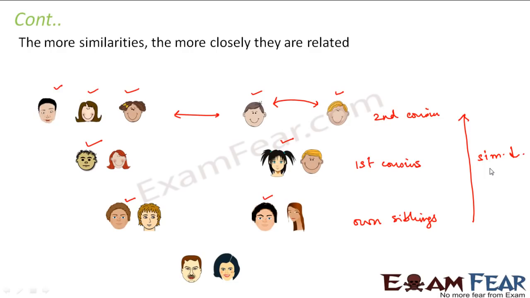Okay. So in a very similar fashion, when I talk about the taxonomic categories, as we go up, organisms which belong to the same species have a lot of similarities. Organisms which belong to different species but the same genus have lesser similarities.